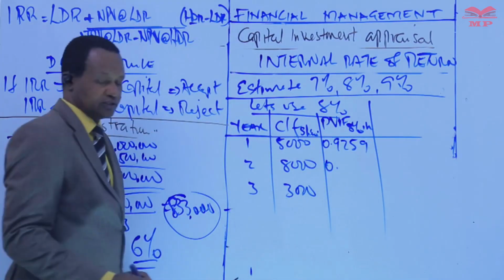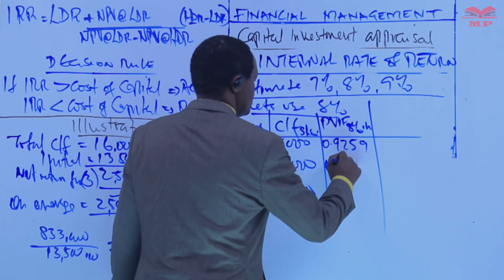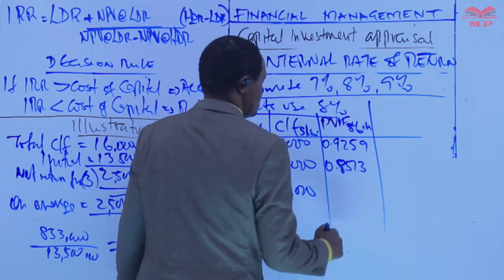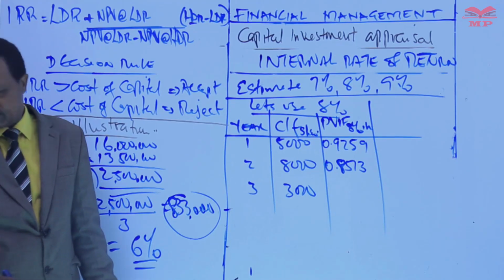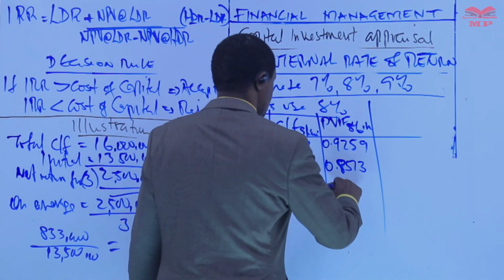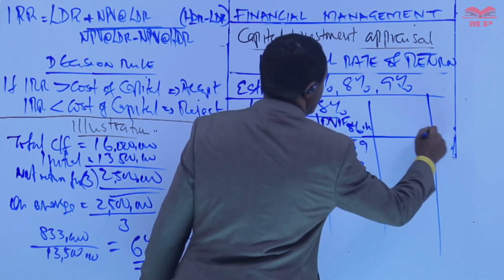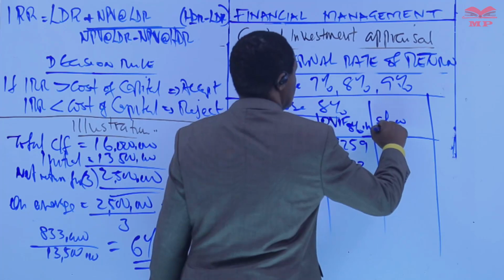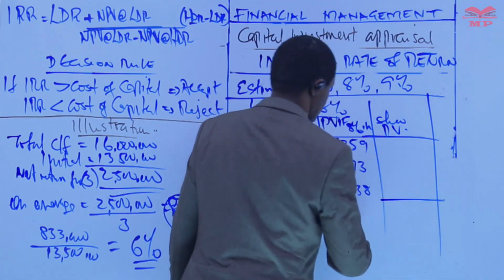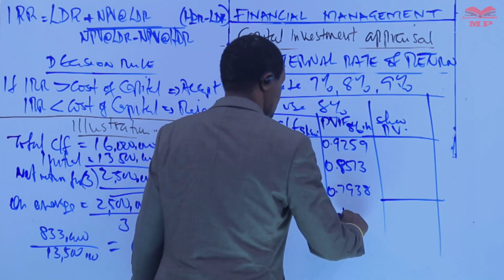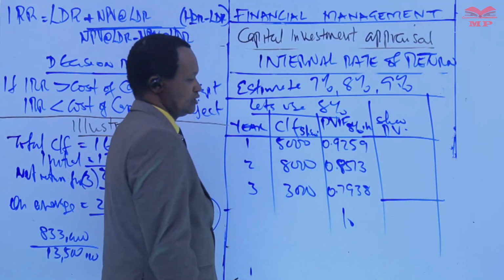The next one is factor 85.73. And lastly, 0.7938. Give me the present values. Give me the total. Deduct initial cash outlay.